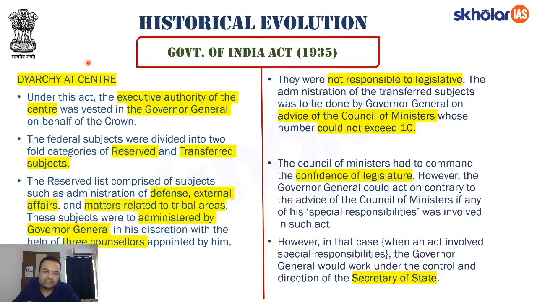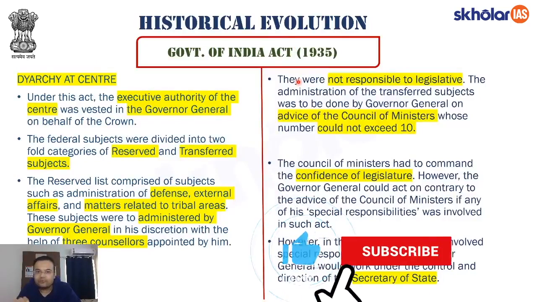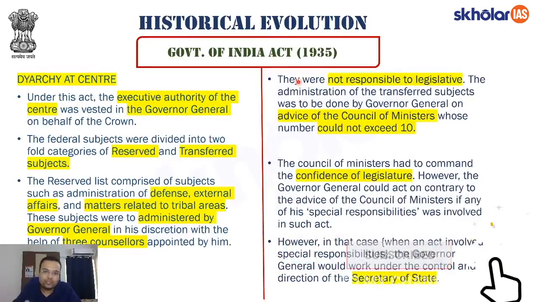So they may say that diarchy was introduced for the first time in India in Government of India Act 1909, 1919, 1935. The answer is 1919. But if the question is diarchy at the center was first time introduced in India, the answer would be Government of India Act 1935. So you just need to keep an eye on these details. You should not let these easy questions go wrong. You just cannot afford that.